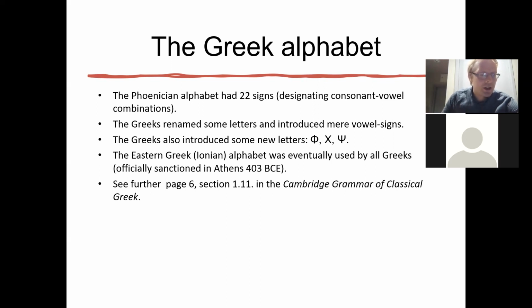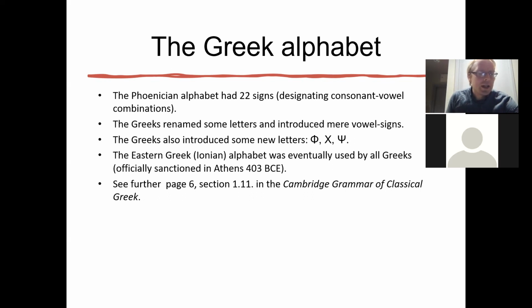In other words, the Greeks kept the general sequence and the names of the letters in the Phoenician alphabet, but remade some of the letters, those which in Greek did not correspond to any sound. So that way they were turned into vowels. And on top of it, the Greeks also created some symbols of their own.